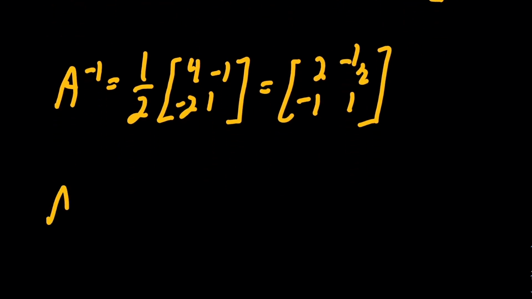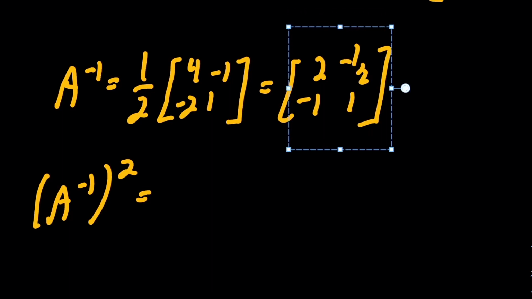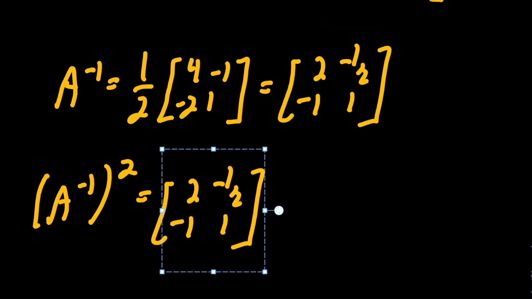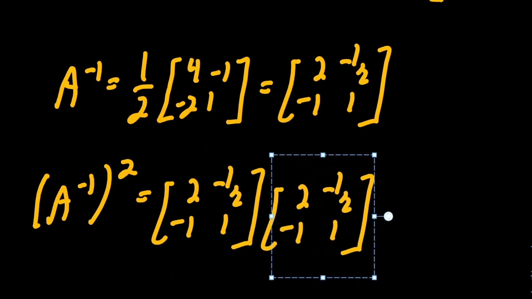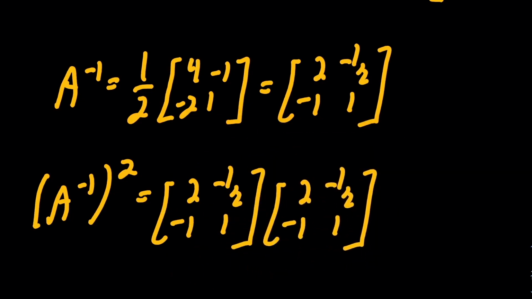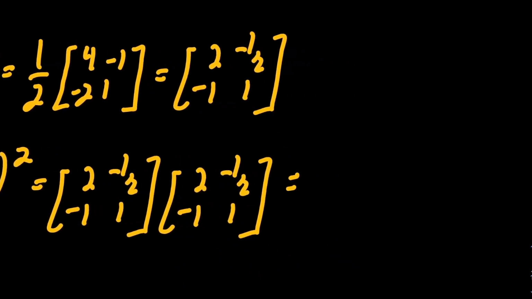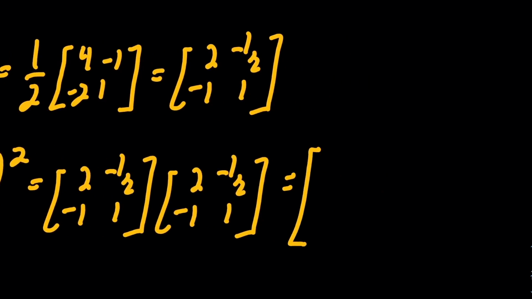We can then grab A to the negative first power and square it. And as a result, it is simply this matrix times that matrix. You can plug it into a graphing calculator or solve it by yourself, but what ends up happening is you get the exact same answer.